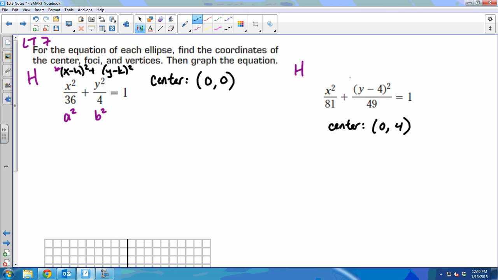That should not be difficult to figure out. You have y minus k squared, so k has to be 4. If it said y plus 4 squared, then k would be negative 4.